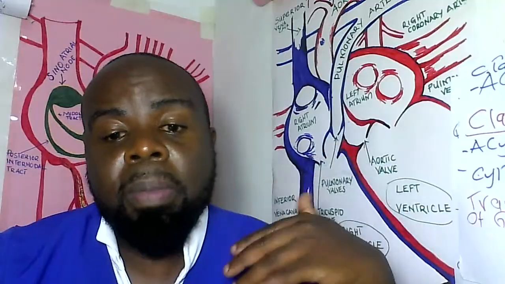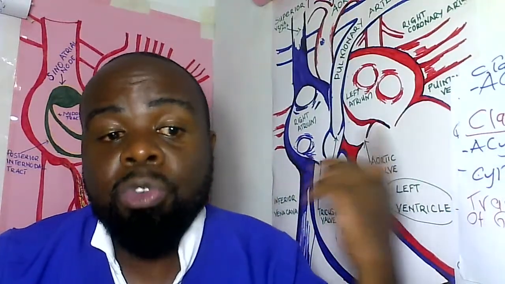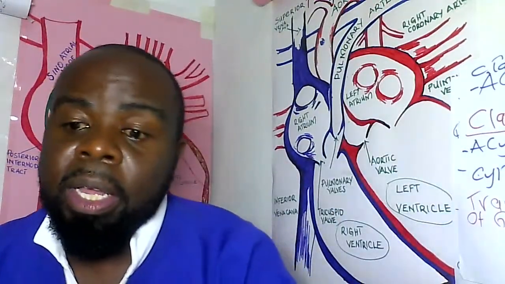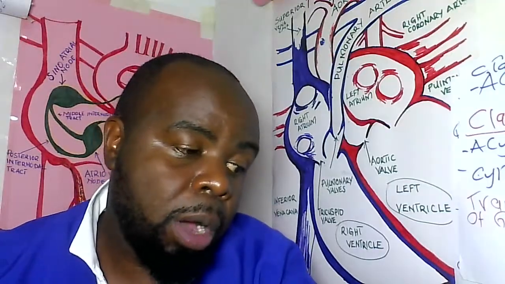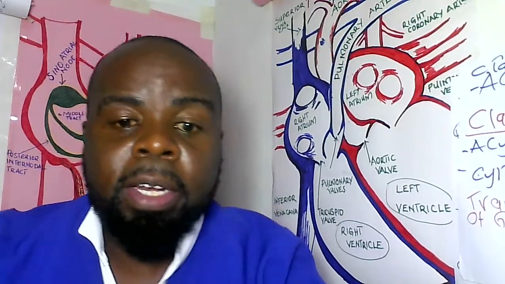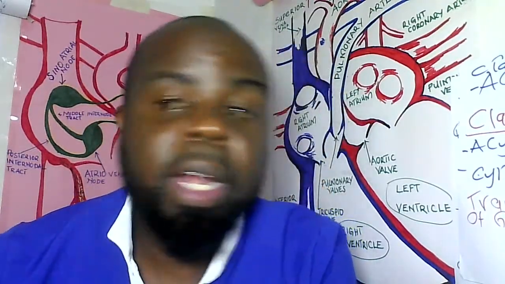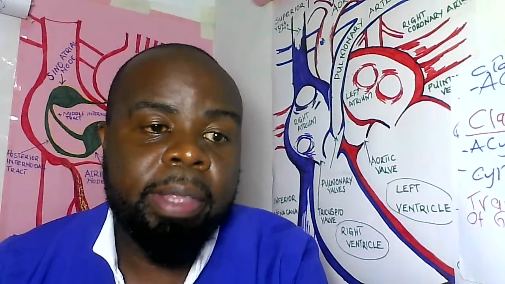So we will talk about how to manage or how to prevent. Management is big. So we will talk about the management in terms of how to prevent, and how to manage them tomorrow.